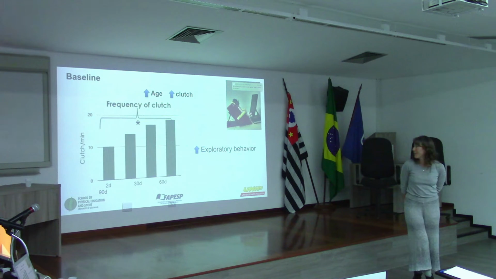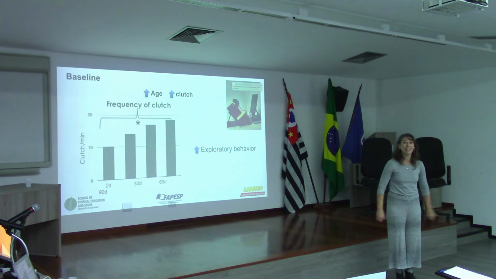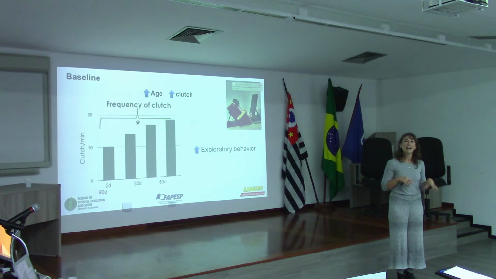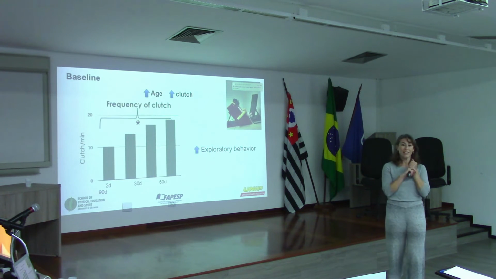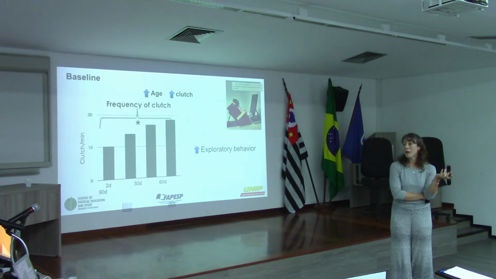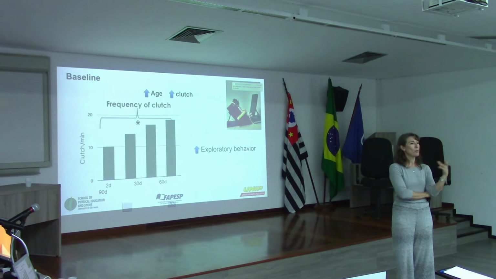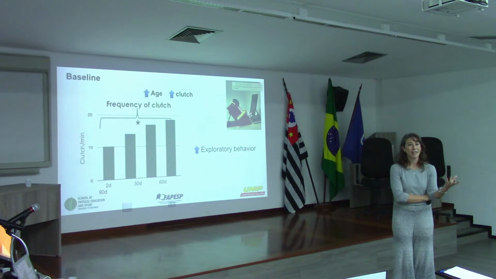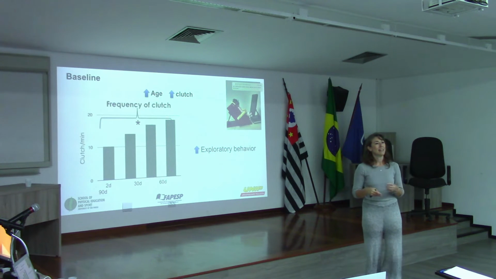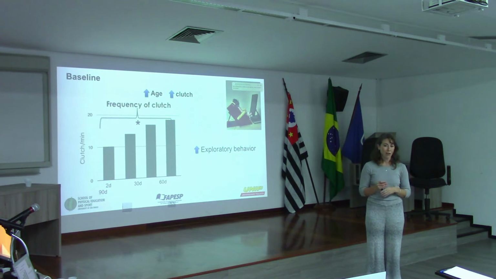But what we see is that even when they are showing this automatic behavior, in a way they are able to control some elements in this behavior. When they are holding and clutching, it might be a way they use to explore and understand what's happening with their body, how to use their body, and how to interact using their body with the environment.